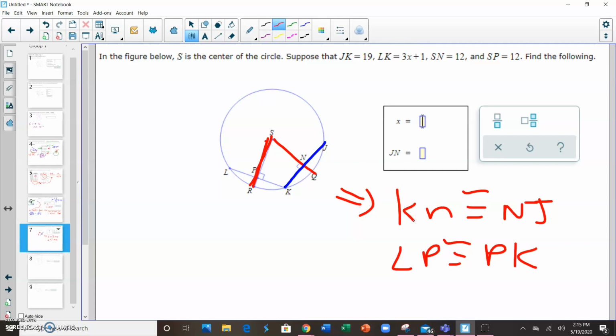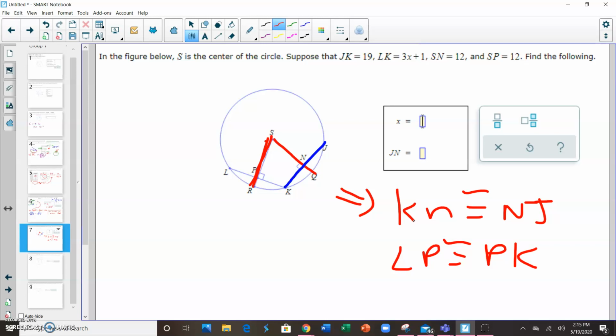All right, so we know that SN is 12 and SP is 12. They tell us that JK is 19 and LK is 3x plus 1.